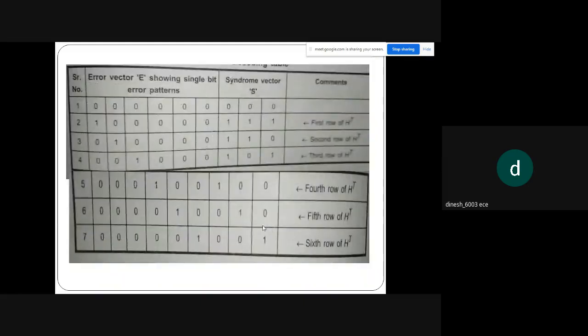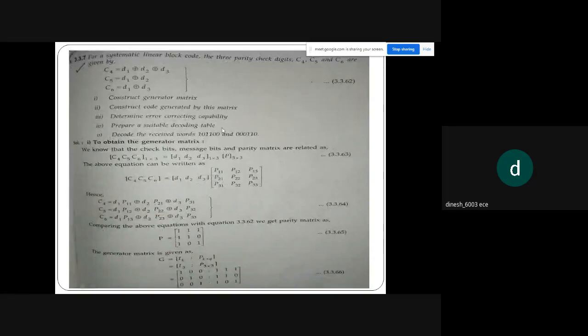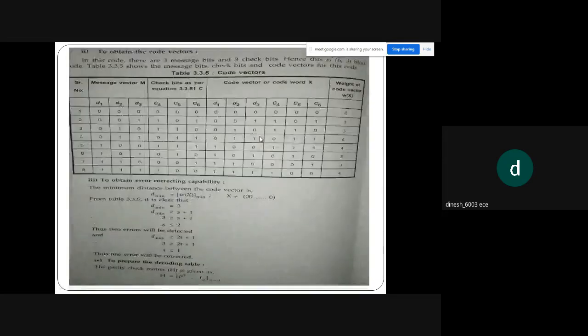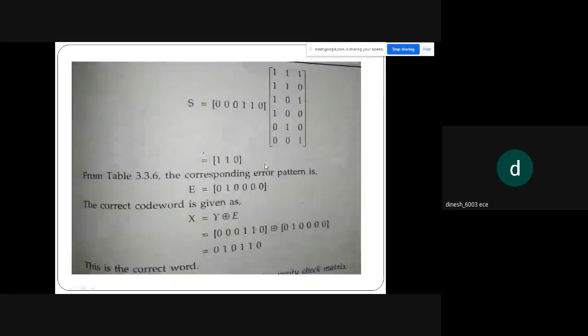Next, they have given another sequence. Let us check whether there is an error in that also. So decoding 000110. Check whether there are 6 bits. Yes, there are 6 bits. 000110, same as I wrote. Now do the same procedure: S is equal to y H transpose. I do y, 000110, with H transpose and I get 110.